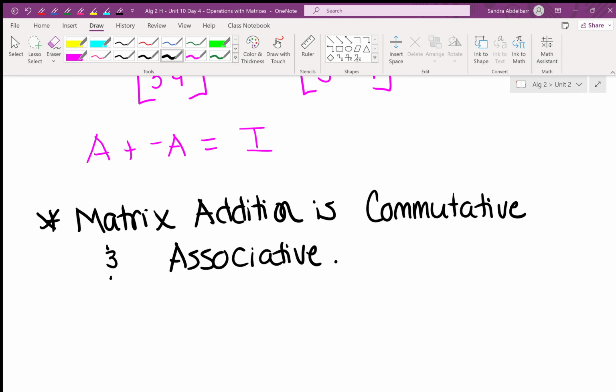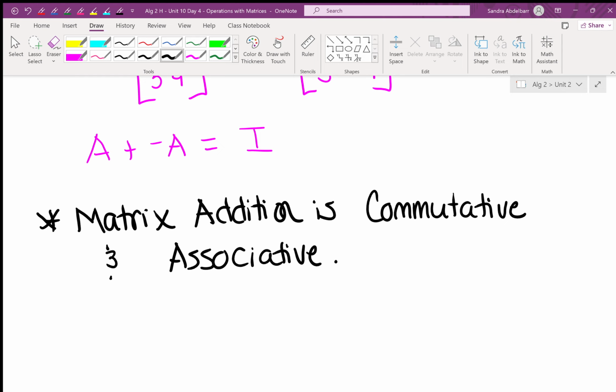Aish? Yeah, commutative means you can add in any order. So let's just use basic integers. If I have 5 plus 3, isn't 3 plus 5 the same as 5 plus 3? Right, it's the same idea. If I'm adding two matrices, A plus B, it's the same as matrix B plus matrix A. It does not matter which one comes first. That's what it means. What about associative?